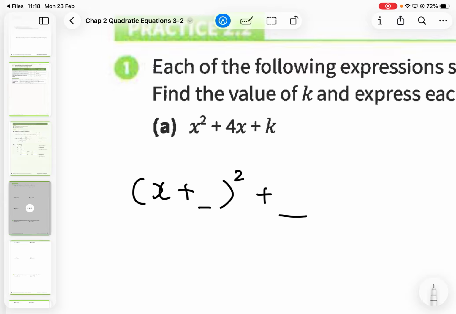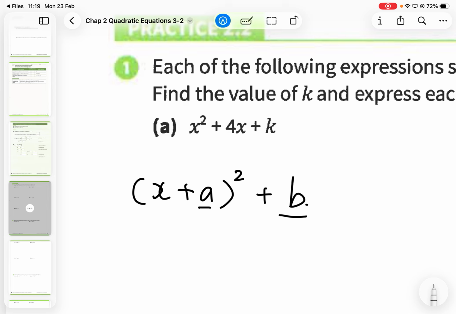If I can write this as this. So how can I write this as this? This is a perfect square. Sorry, this one I am squaring this bracket. Then I can use my identity. So for now, let me put some numbers here first. Let me say this one is A, this one is B first. So I want these two things to be the same.